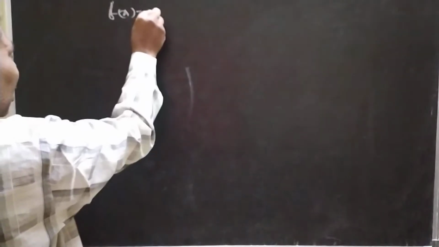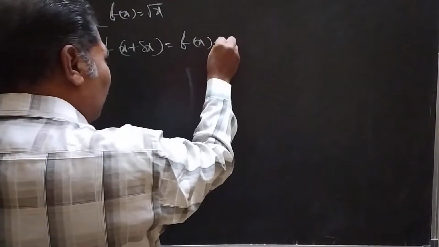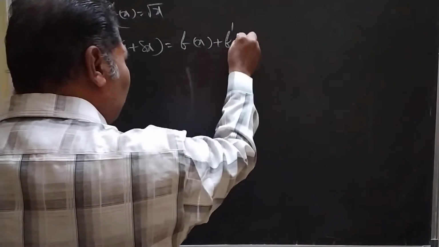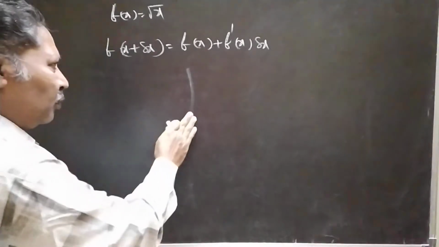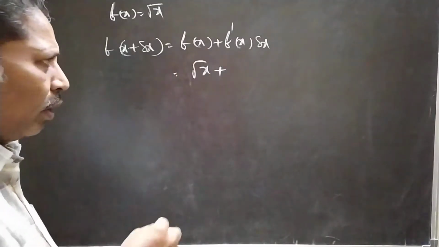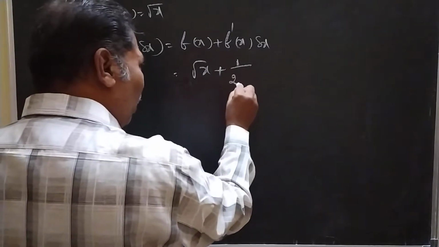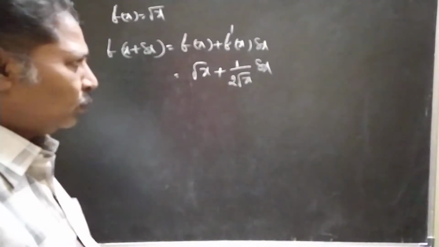So f of x equal to root x. f of x plus delta x equals f of x plus f dash x into delta x. f of x value root x, f dash x is 1 by 2 root x into delta x.